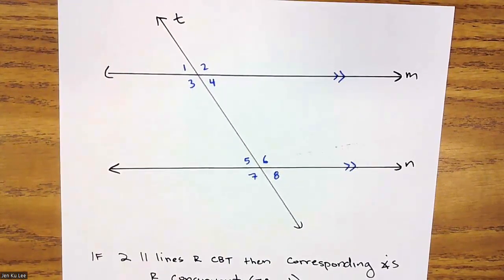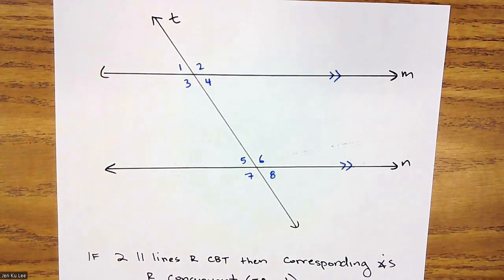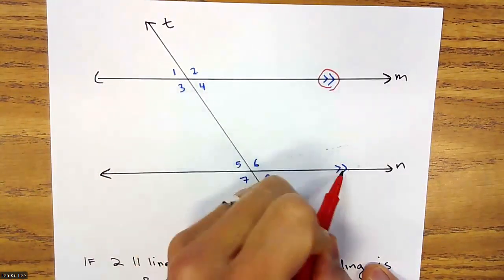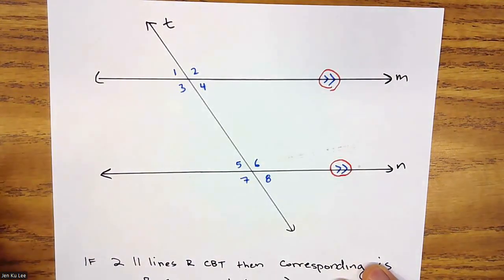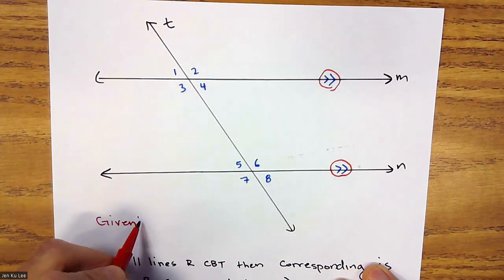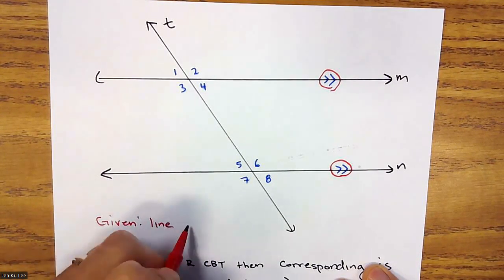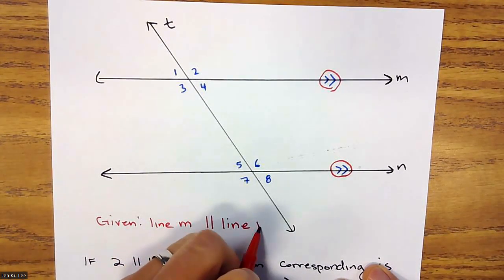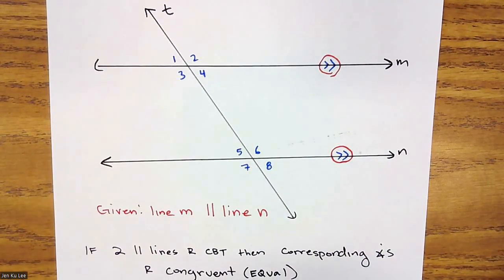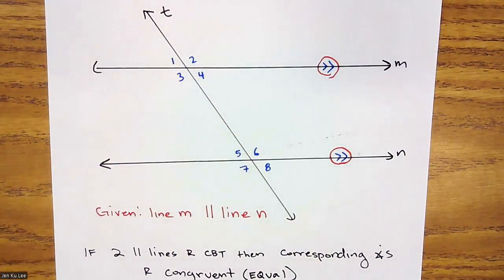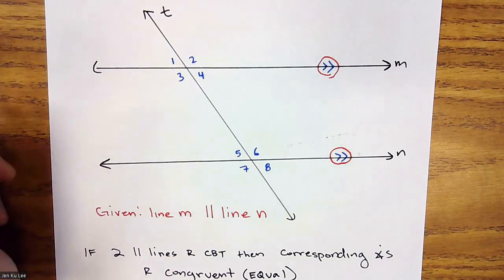So here in this picture, I know that line M and line N are parallel because of these two symbols here. Or I could just give it to you as, hey, you're given that line M is parallel to line N. I took the liberty to label all the angle measures just so that we can talk about them.